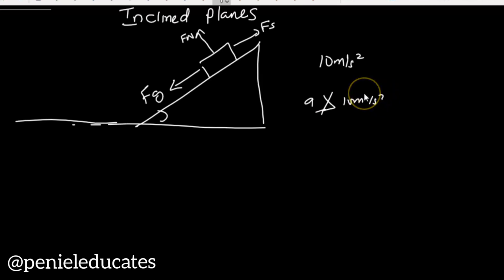If you have an answer that is greater than 10 meter per second square, then you should check, because that means the answer is not correct.